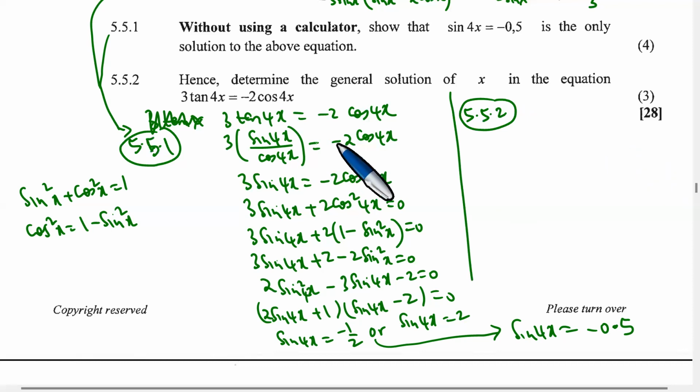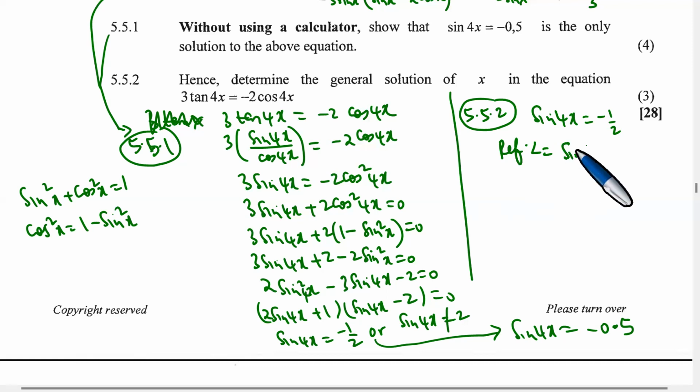So for us to find the solution, this one, sine x equals, is invalid, so it is not applicable. The reason is that the sine is a bounded function. It always is bounded between -1 and 1. So we're going to consider sine 4x is minus half. Reference angle.